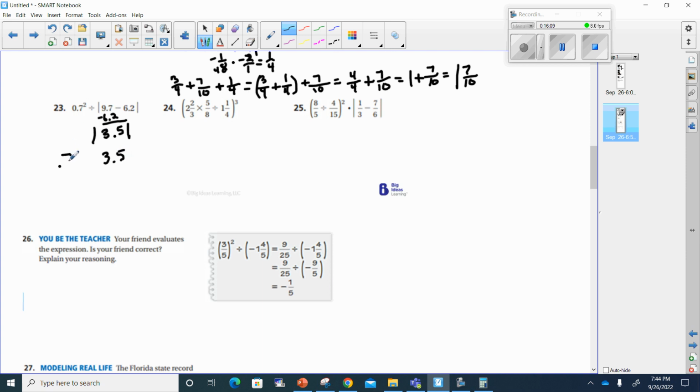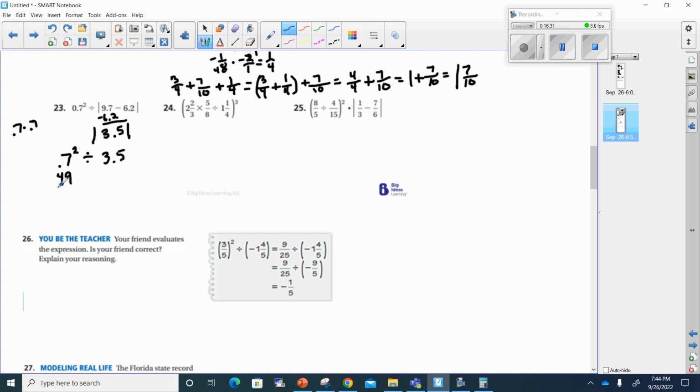Now we have 0.7 to the second power divided by 3.5. Well, 0.7 to the second power is going to be 0.7 times 0.7. And 7 times 7 is 49.